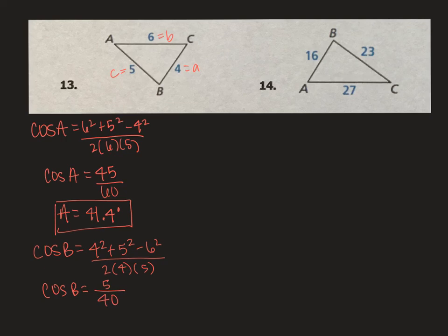So inverse cosine of 5 over 40 is going to give me an angle B of about 82.8 degrees.